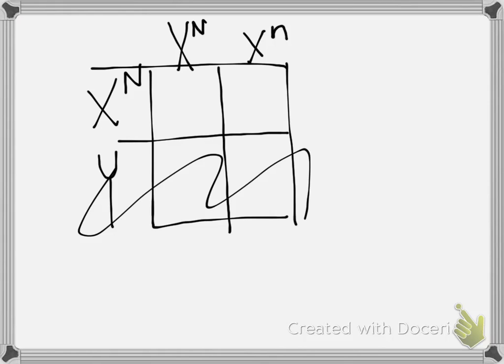So there's a 50% chance she got that little n from her mom. There's a 50% chance she got a normal N from her mom.